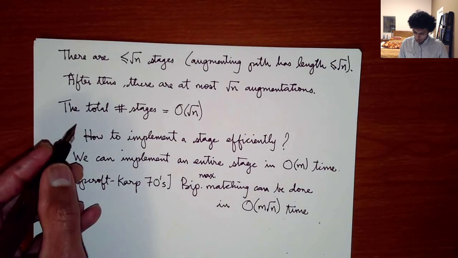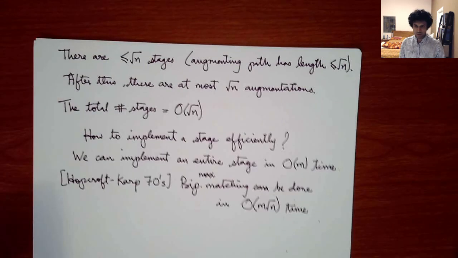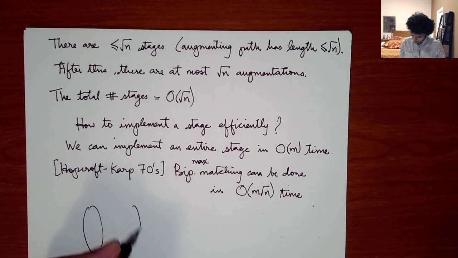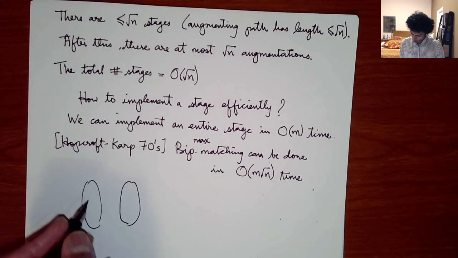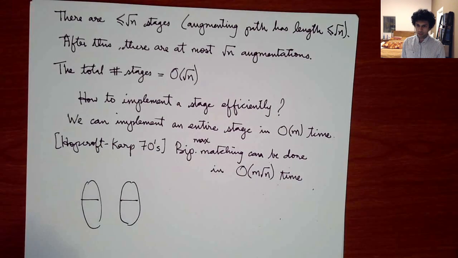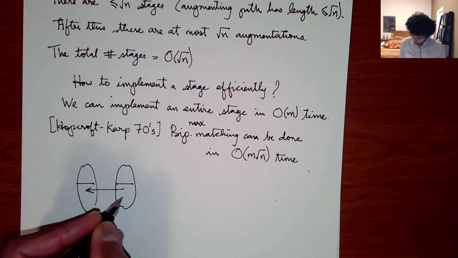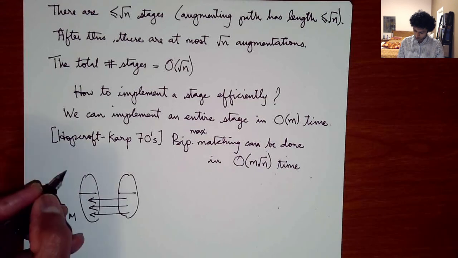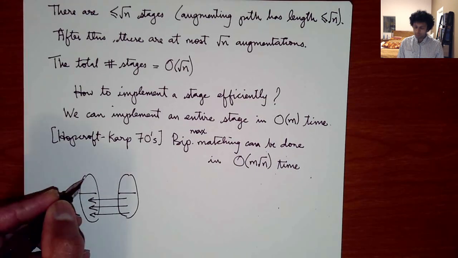So how does one implement the stage efficiently? We'll draw some pictures to show you what's going on. Remember how bipartite matching works. We directed all the matching edges backwards, and then we had this unmatched part.